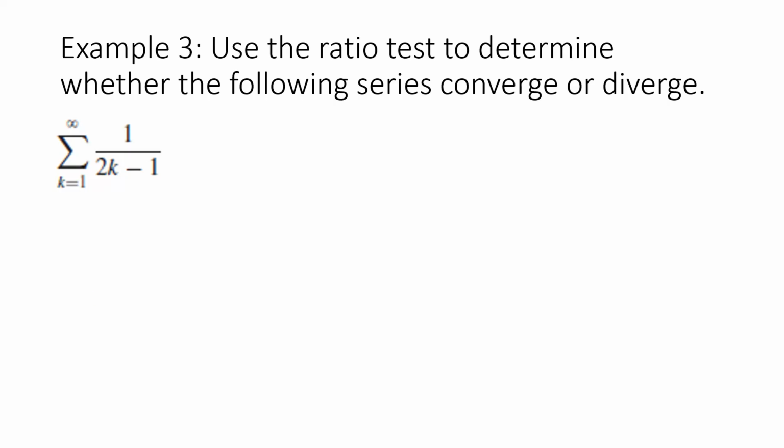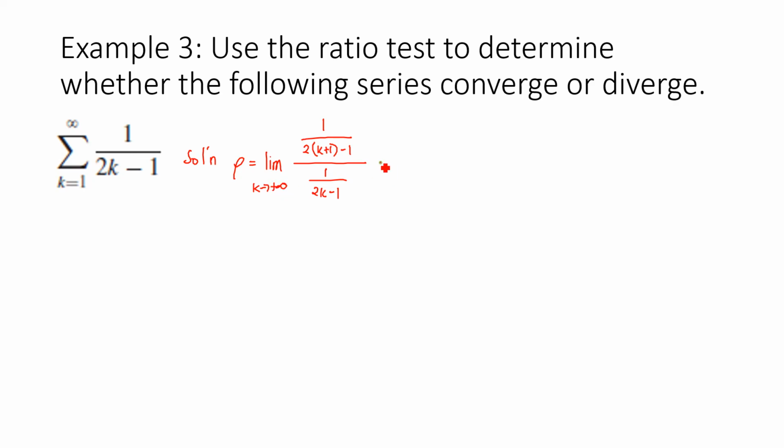So for our solution, you have rho is equal to the limit of 1 over 2 times k plus 1 minus 1, all over 1 over 2k minus 1, as k approaches positive infinity.